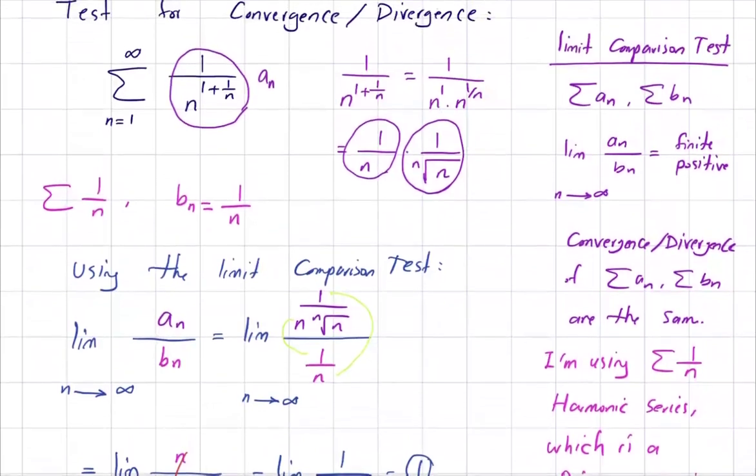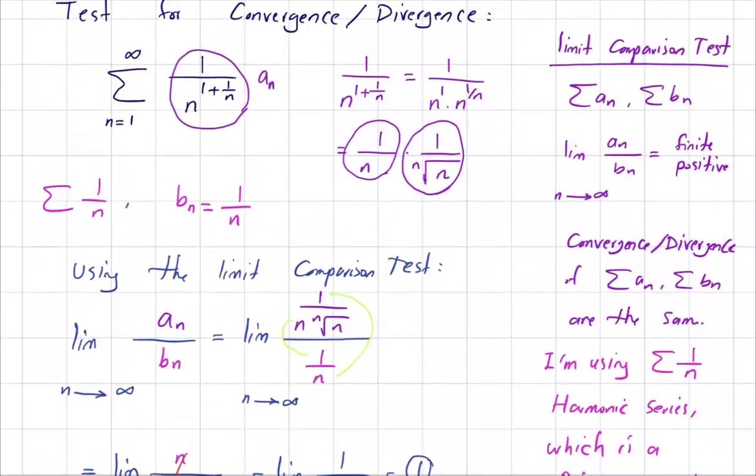But let's go back to the limit comparison test. Since you have a finite positive number, it means that the convergence and divergence of these two series are the same.